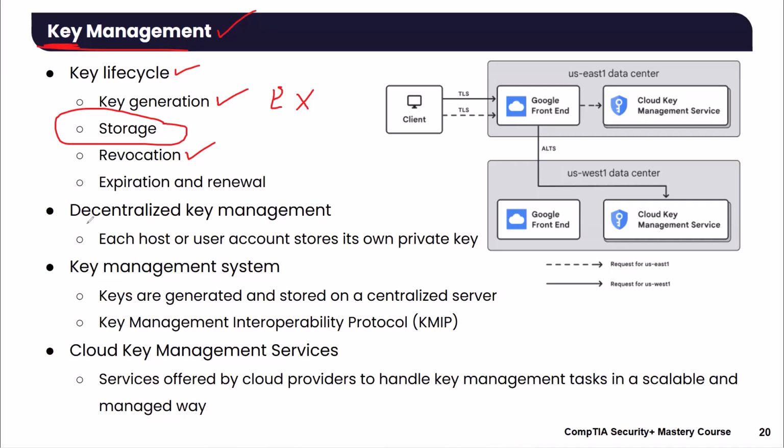You have decentralized key management, where each host or user account stores its own private key. It doesn't belong to just one entity. Then you have key management systems where we can store the keys. There are actually two of these, which I'm going to teach you.